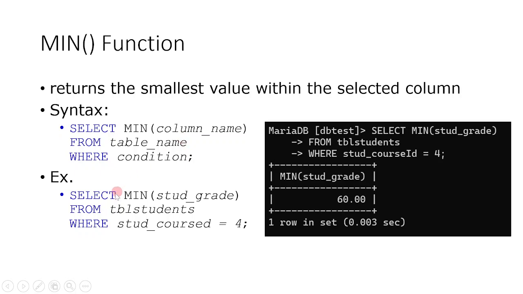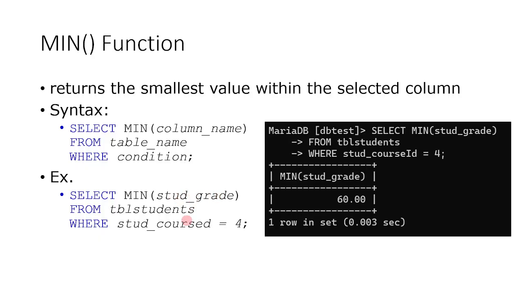I have here an example: select min stud grade from TBL students. It is going to return the value of the smallest student grade from the stud grade column.